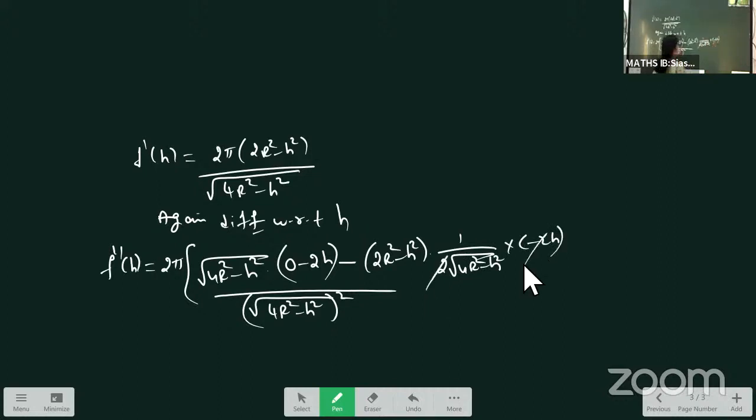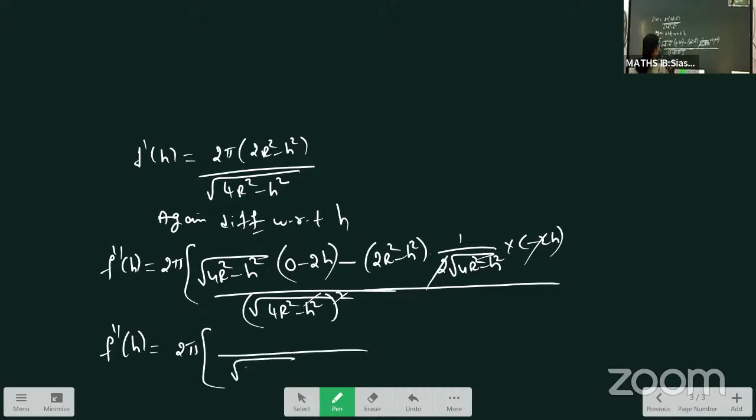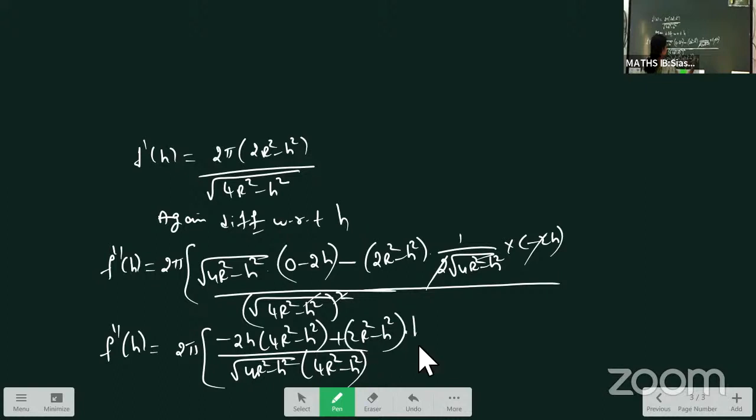Here again 2 and 2 getting cancelled. In denominator square root cancel. So f double dash of h is equals to what we got? 2 pi into. Again take LCM. What is LCM? Under root of 4r square minus h square is LCM. This denominator write as it is. Now root into root without root. Before minus 2h is there. 4r square minus h square minus into minus plus 2r square minus h square into h.